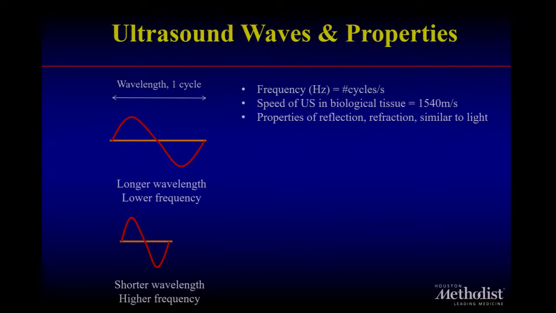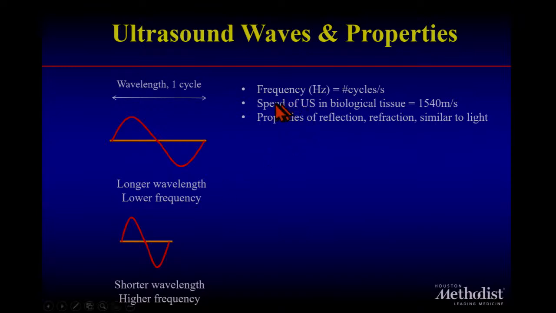If you have a longer wavelength, obviously a lower frequency. And if you have a shorter wavelength, just like this one here, you have a much higher frequency. And it has implications not from an audio range, because none of them you'll be able to hear, but it has implications as to the resolution of what you're seeing.